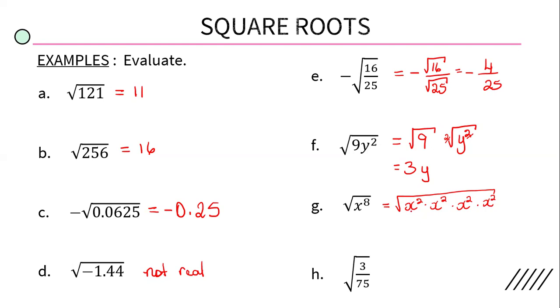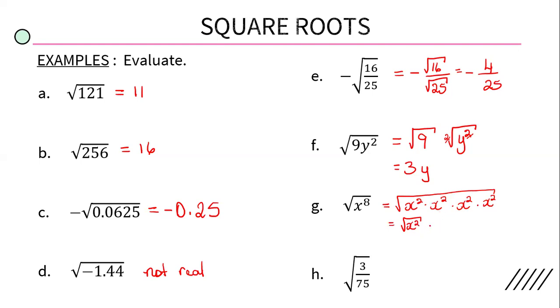So I've grouped them in 2's, and I can now separate it. I still know that it's x. I'm going to get an x coming from this one, and one coming from this one. And let's just separate it so we can see it a little bit clearer.